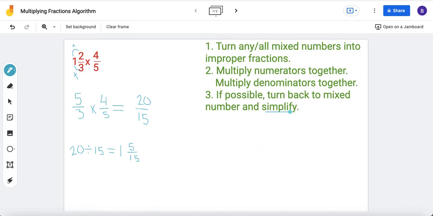My last step will be to simplify. Can I divide 5 and 15 by the same number? Well, both of them end in a 5, which means I can divide both of them by 5.